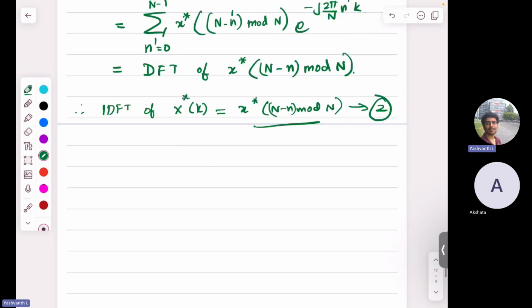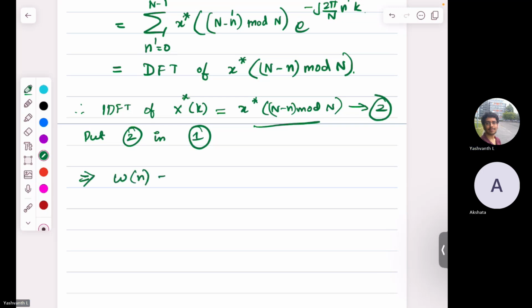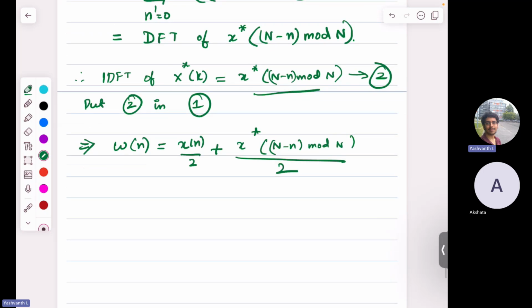Put 2 in 1. What do you get? w of n is nothing but x of n by 2 plus x conjugate of (N minus n) mod N by 2. So now what we need to compute is x conjugate of (N minus n) mod N.